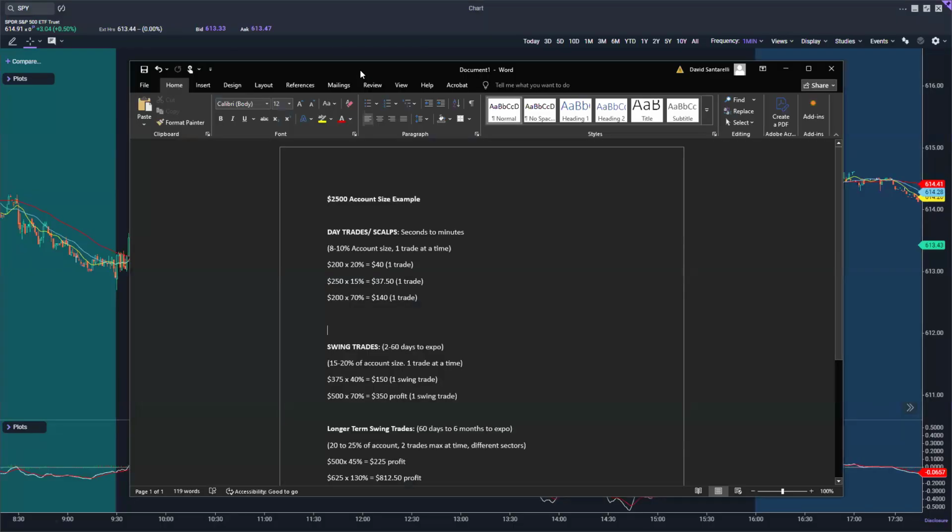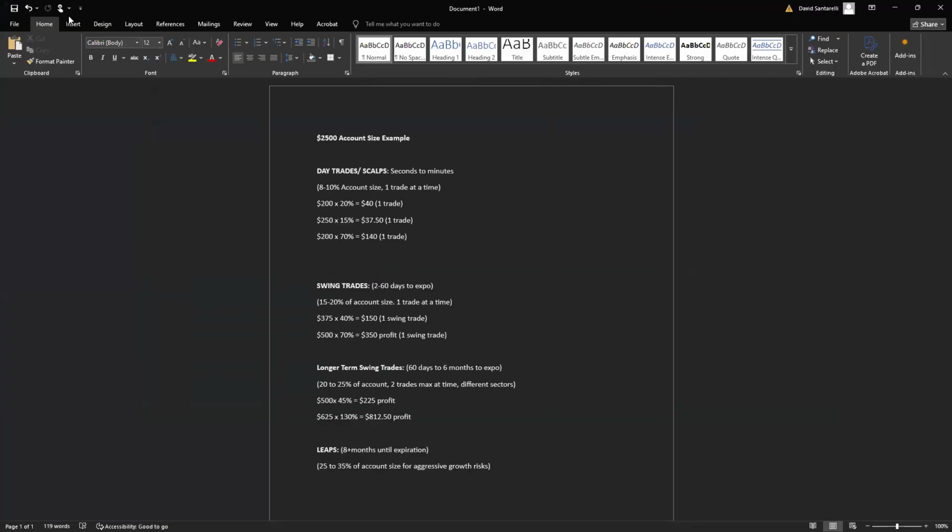Position sizing is key. So when you're looking for those day trades and those scalps, what I like to do is check out the news wire. When I send out the newsletter in the morning, I'm looking at the top momentum stocks for the day. So I'm coming over here, and let me show you, for example.